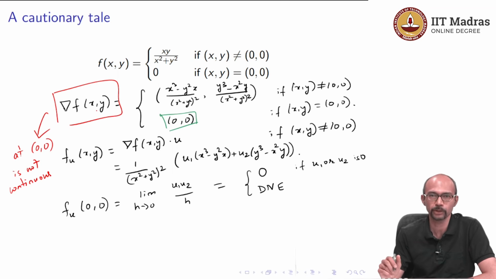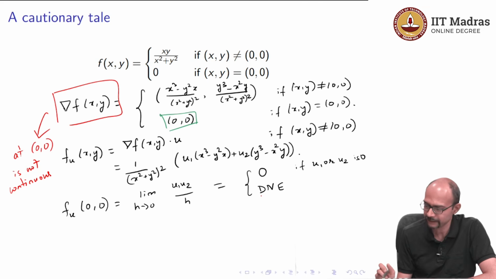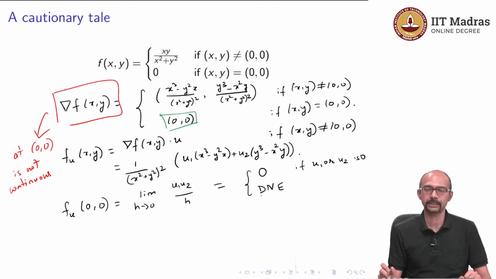So, this is not continuous at 0, and immediately we cannot apply that theorem as a result, and so we have this situation where the partial derivatives do indeed exist and are 0, but the directional derivative does not exist. So, it is not given by gradient dot u, which would otherwise have been 0.